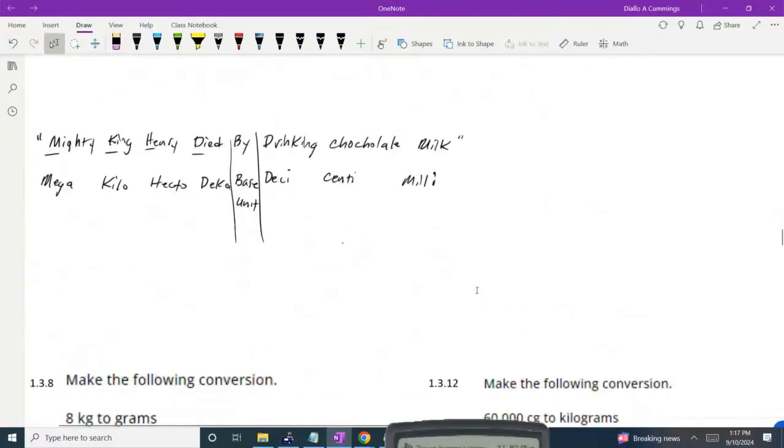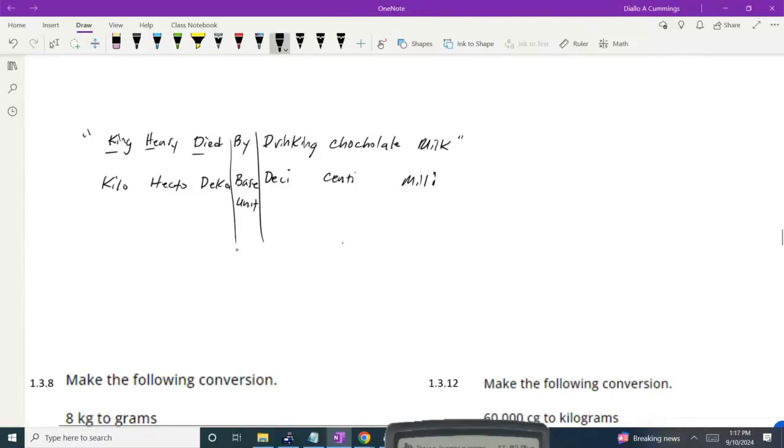All right, next we're going to talk about the metric system again. So remember that saying, I added to this, but it's King Henry died by drinking chocolate milk, where K is for kilo, H is for hecto, then we have deca. B is for the base unit.